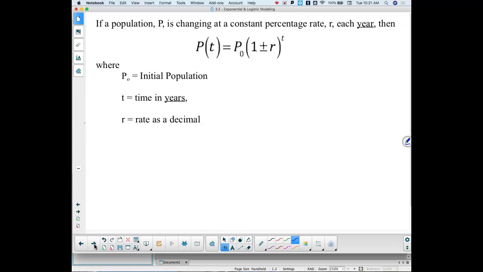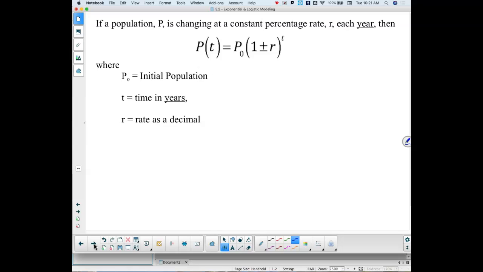Plus obviously if we are increasing, compounding, appreciating, growing in value. Minus if we're depreciating, decomposing, decaying, whatever you want to call it. And t is our time.